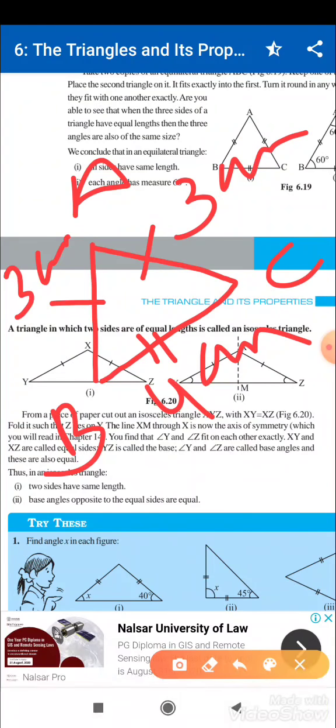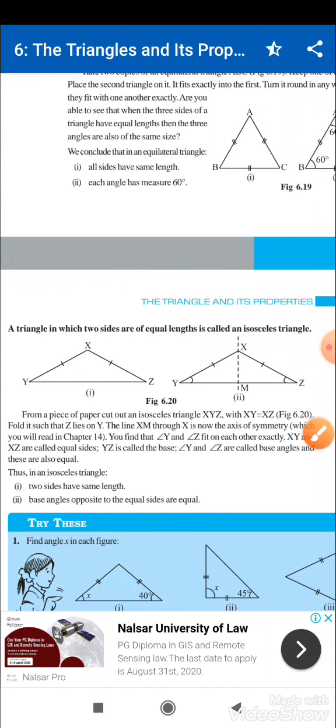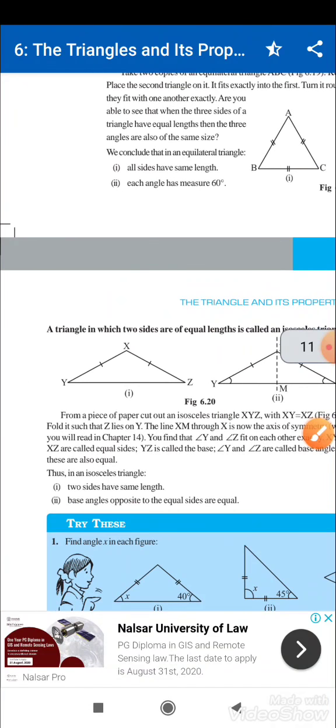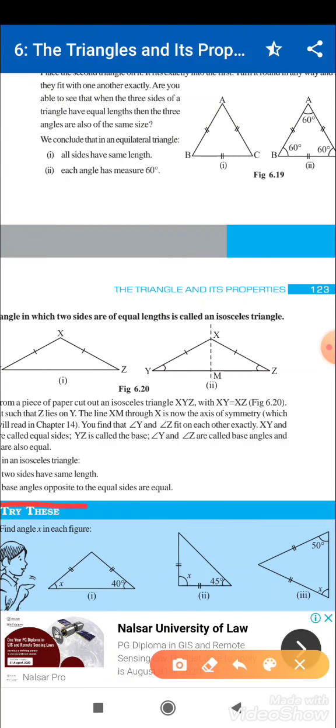So this triangle is known as an isosceles triangle. In an isosceles triangle, two sides have the same length, and the next property is that the base angles, the angles opposite to the equal sides, are equal.